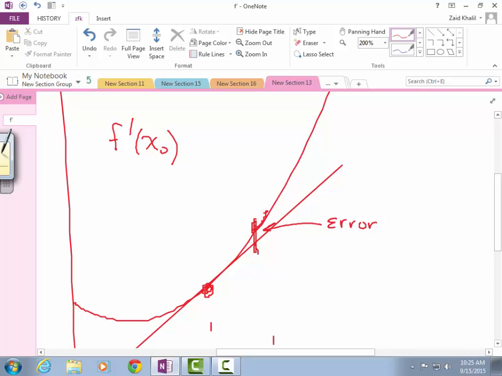And what is f prime x0? Well, it's approximately equal to f at x minus f at x0 over x minus x0.